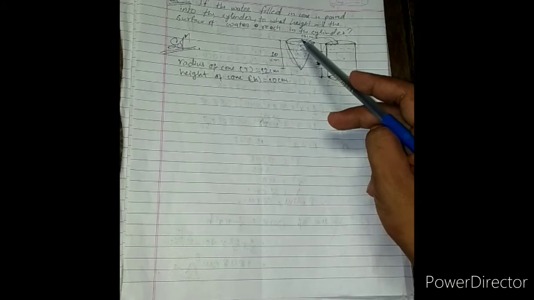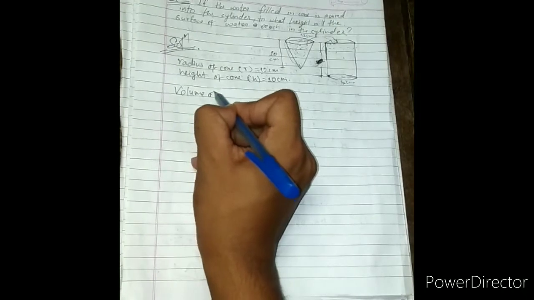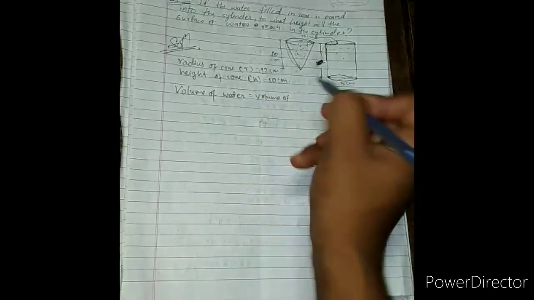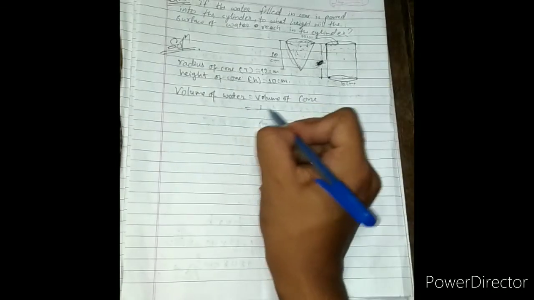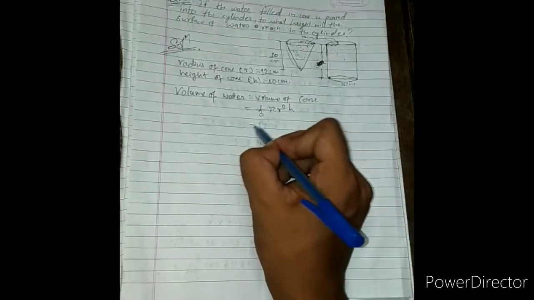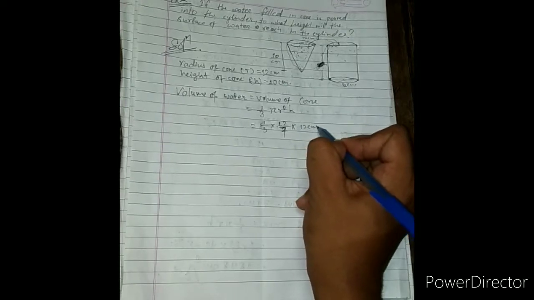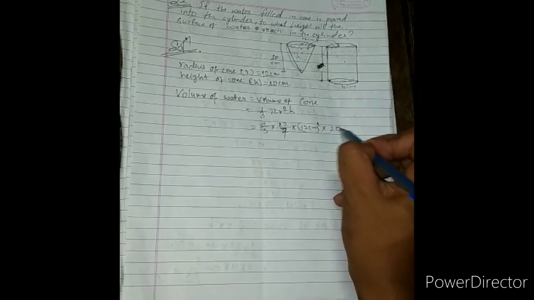Now you will find the volume of water, which is the volume of cone, because water is poured from the cone. 1 by 3 pi r square h, 1 by 3, 22 by 7, 12 square, and the height of the cone is 10.